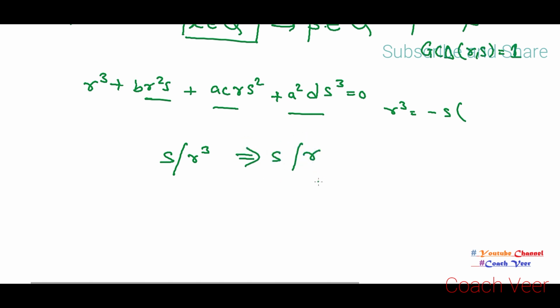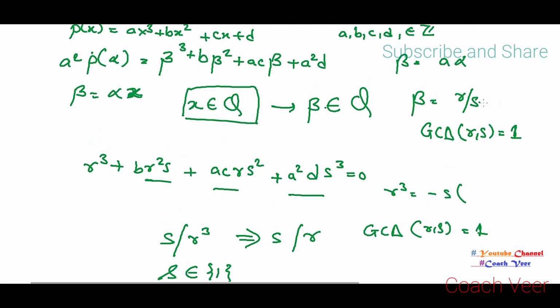So when it divides r, we have given that gcd of r and s is 1. So if it is dividing r, then s is simply just 1. That is the only possibility for s. Okay, another thing I will go for next is that when s is 1, the denominator is 1, beta is simply equal to r.